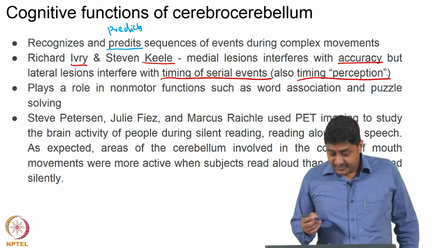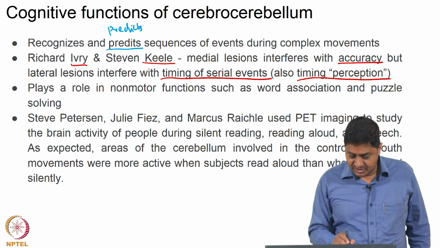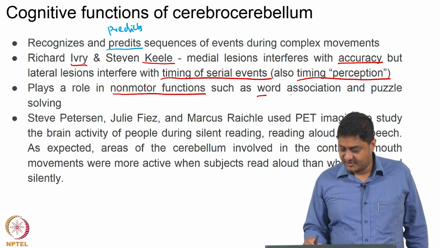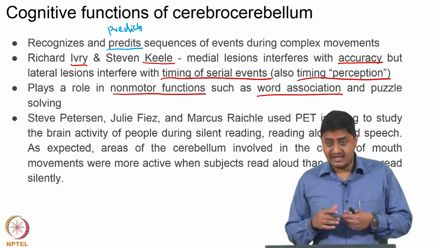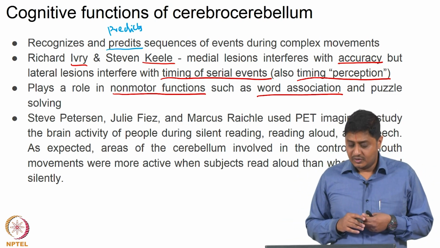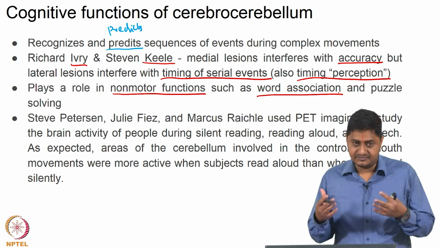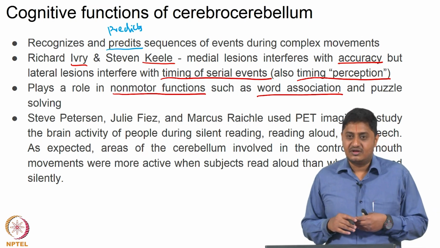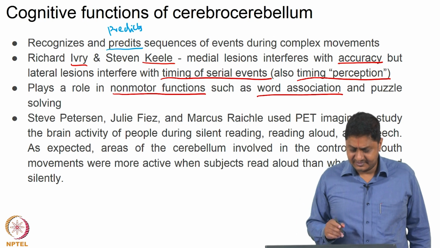Also, it is believed that the cerebrocerebellum plays an important role in non-motor functions such as word association and puzzle solving. For example, whenever I say a noun, you are supposed to say a verb that is associated with that noun. Say, if I say cat, you are supposed to say meows, or similar tasks.